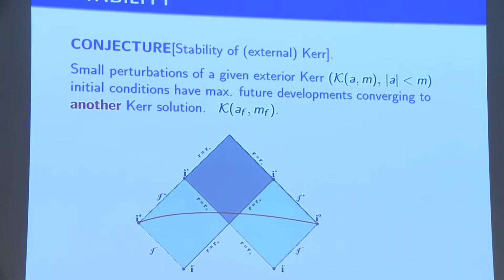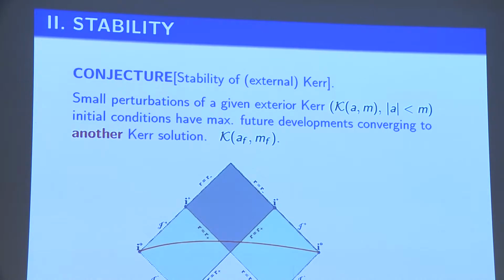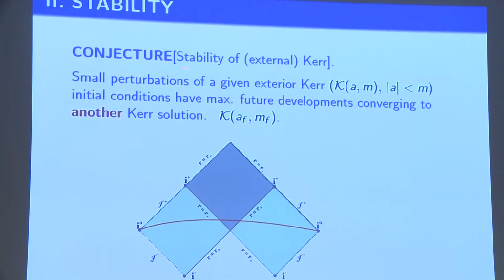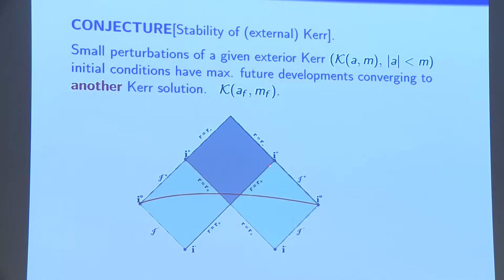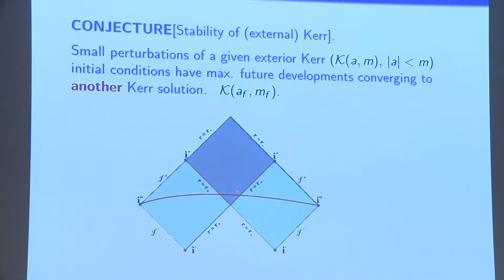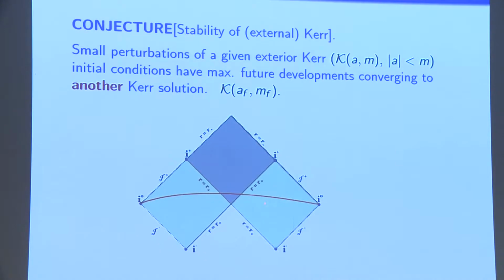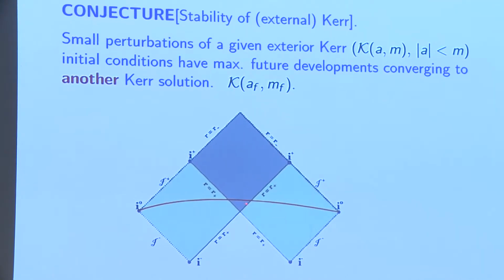All right, so this is now the stability conjecture. So stability of external Kerr. In other words, I'm interested only in this region. I take the initial data here exactly of the Kerr solution, right? So the Kerr solution has, of course, associated initial data on any space-like hypersurface. I take that data and I perturb it a little bit, right? And the conjecture says that small perturbations of a given external Kerr solution have a maximal future development, right?